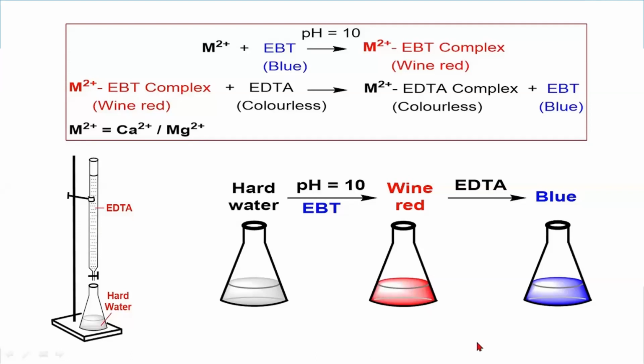While doing titration, we get the steel blue. First, this is the color of hard water. After adding the Eriochrome Black T, we get the wine red color. Later we do the titration with the EDTA, and we get the steel blue color. This is the final result.